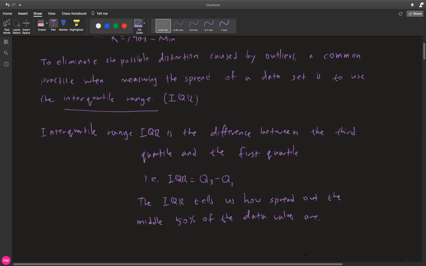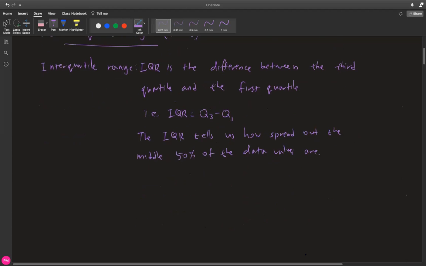So in a lot of the applications in the real world, the IQR is actually really useful, and oftentimes it is used to measure the spread of data.